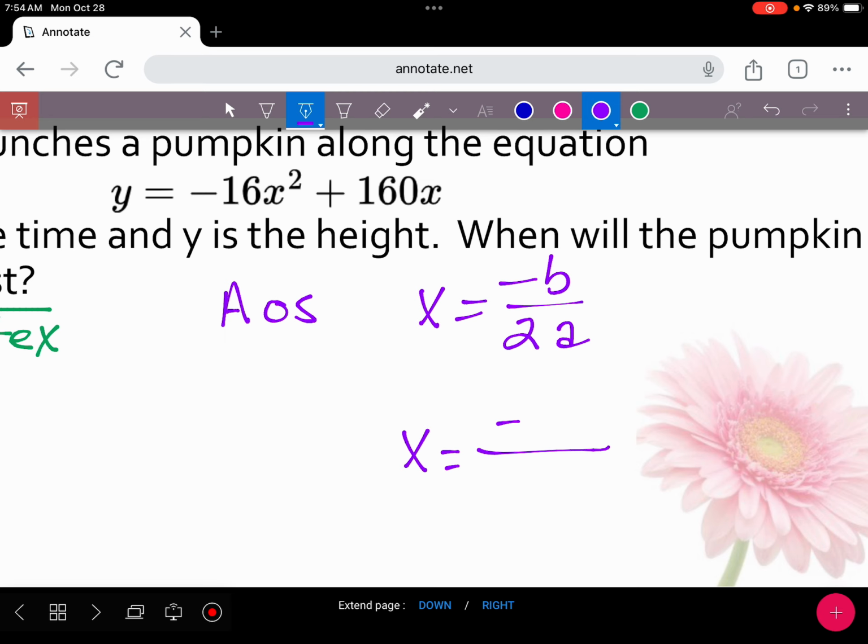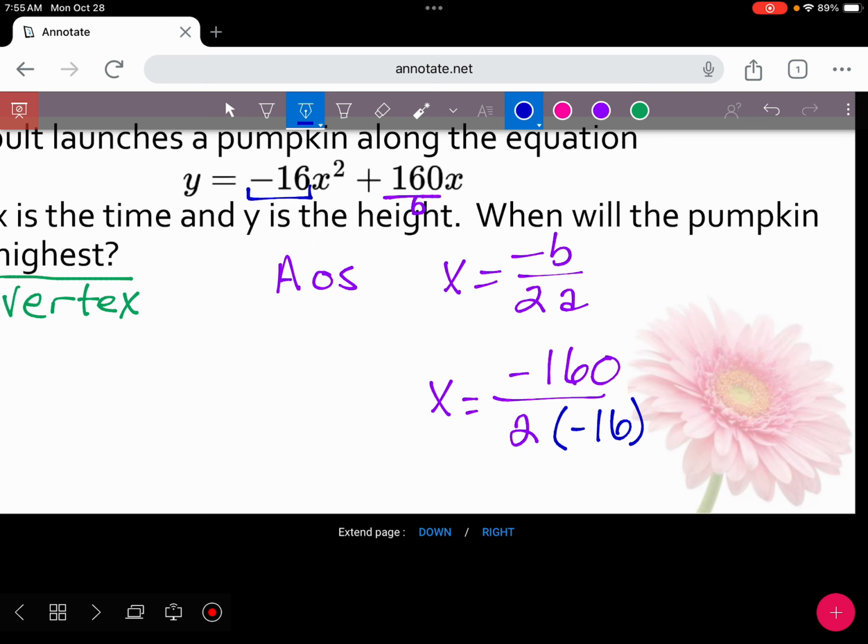The b is positive 160, but we put into the fraction minus 160, because our b is positive 160. That's our b right there. Over 2 times our a. What's our a? Negative 16. So what is negative 160 divided by 2 times negative 16? 5.